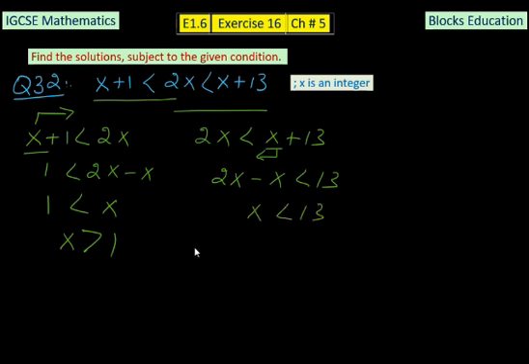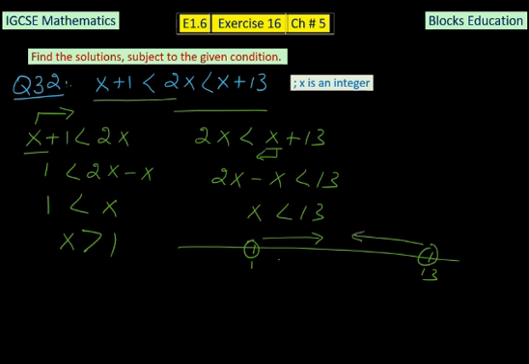Right, so draw a number line. We have two numbers, 1 and 13, the smaller number onto the left side, which is 1, and the bigger number onto the right side, which is 13. Both numbers are not included, so put open circles. Greater than 1 means you have to move to the right side of 1, and less than 13 means you have to move to the left side of 13.